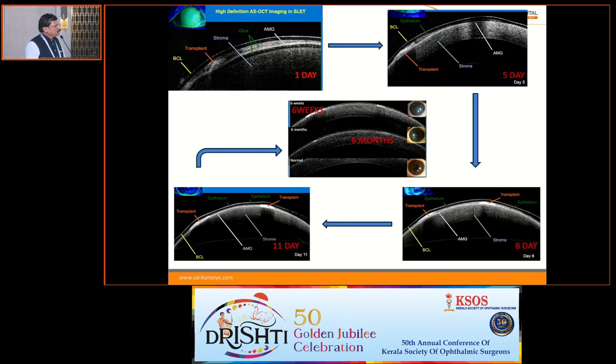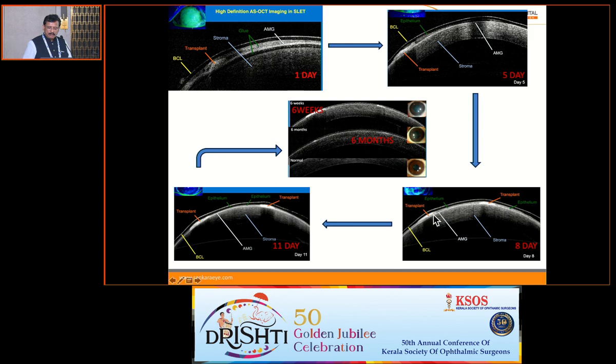This is the high definition ASOCT of a patient who has undergone SLET. This is on the first day. You can see the epithelial tissue here and BCL and amniotic membrane here. And on the 5th day, this epithelial tissue is just expanding. That means the cells are proliferating. And on the 8th day, you can see 2 epithelial transplants there.